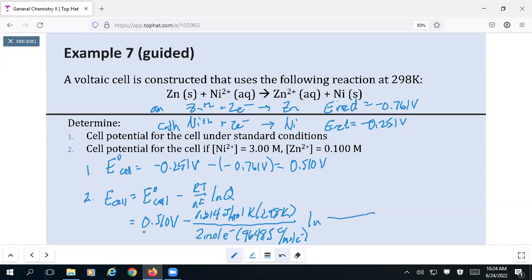Our Q value here is products over reactants. The product here is zinc, so 0.100 divided by the concentration of nickel, 3.00. So a lot going into this one. 0.1 divided by 3 is 0.033.